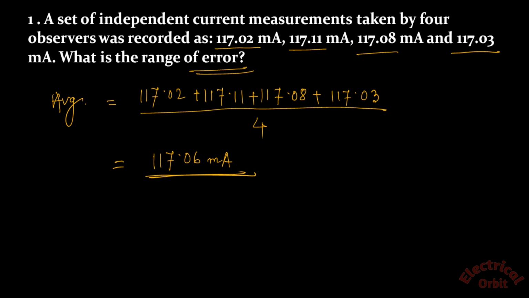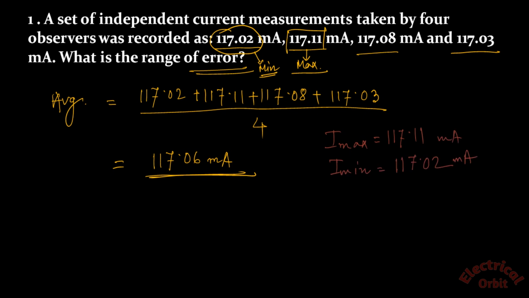Now we have the readings, of which the maximum is this and the minimum is this reading. So we can write I max is equal to this and I min is equal to this particular value.